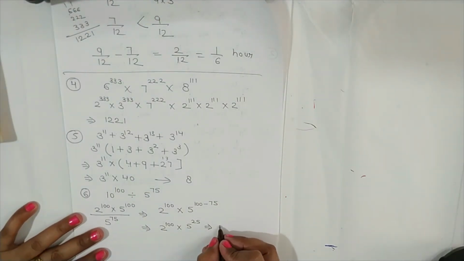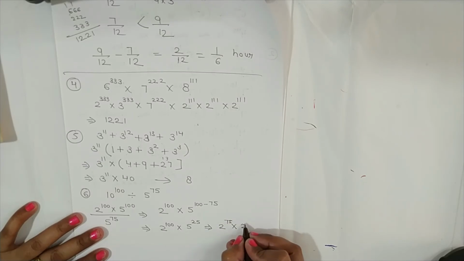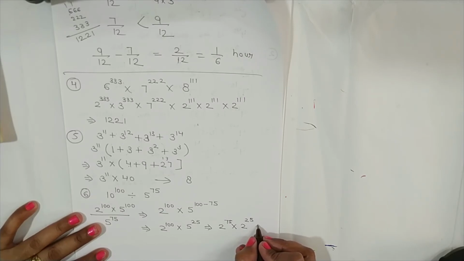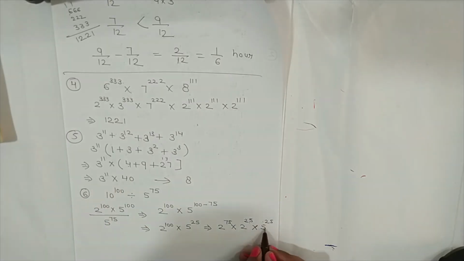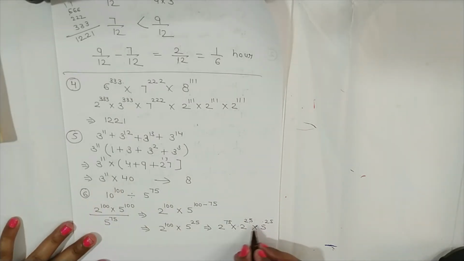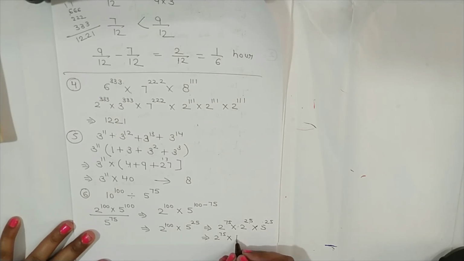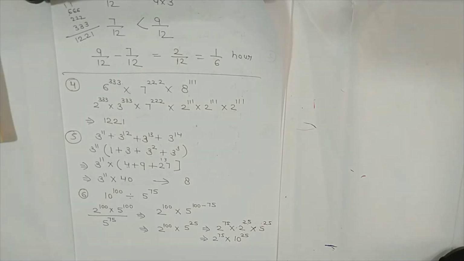Now it can be written as 2 to the power 75 into 2 to the power 25, and it is already given 5 to the power 25. Now we know that when powers are the same, we have to multiply the bases. So it will be 2 to the power 75 into 10 to the power 25. So option D is correct.